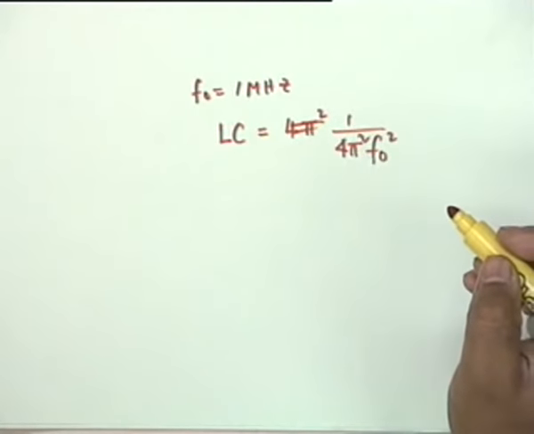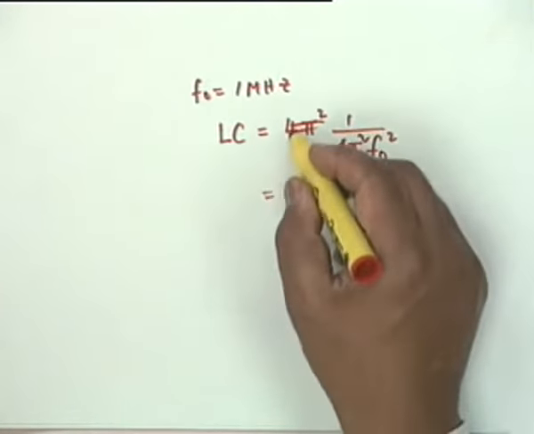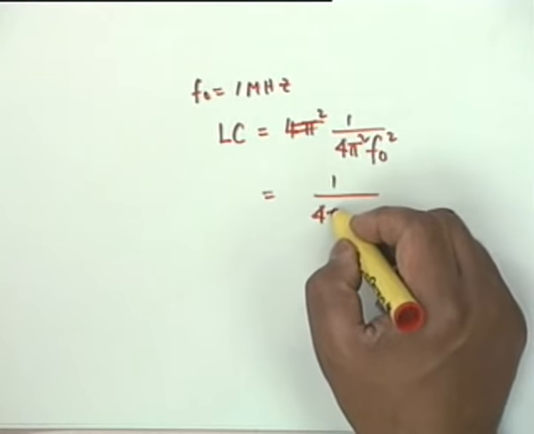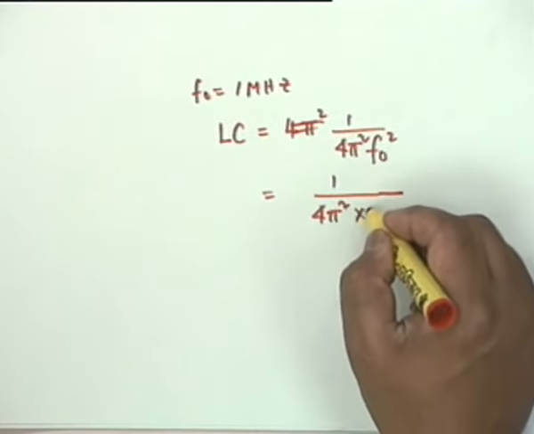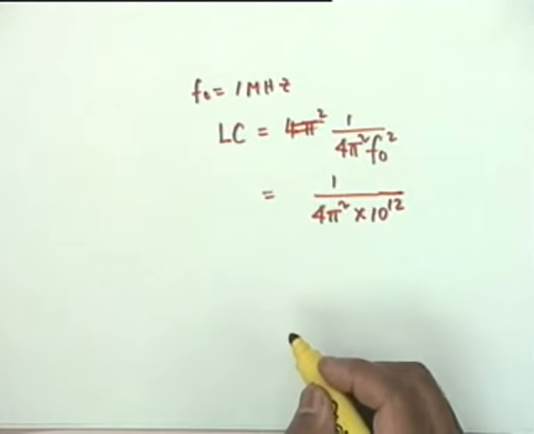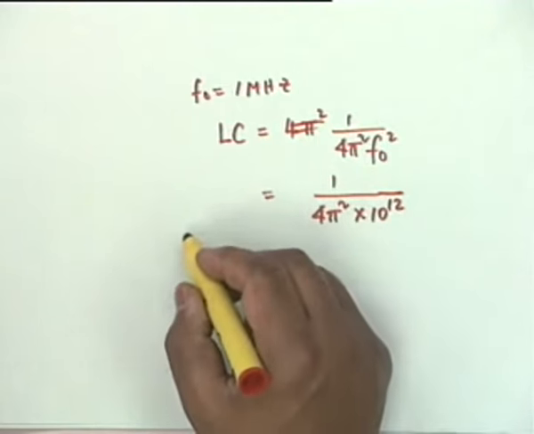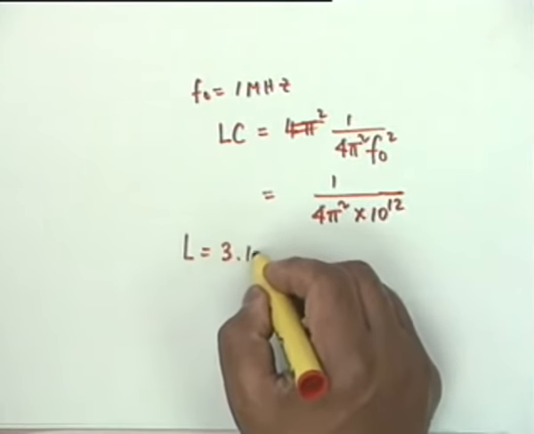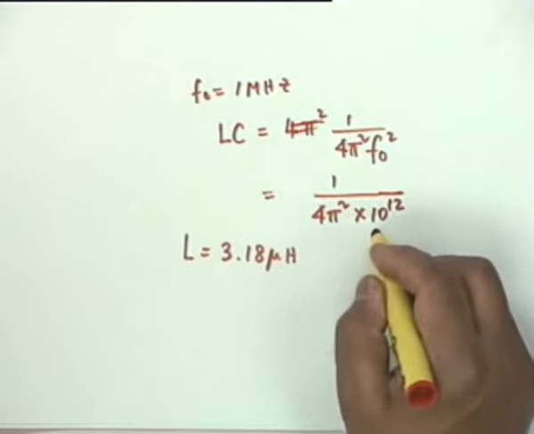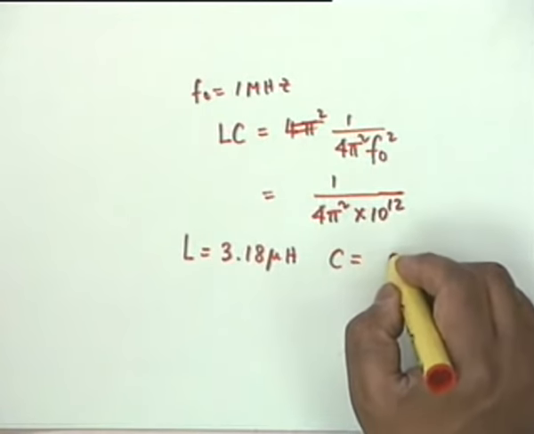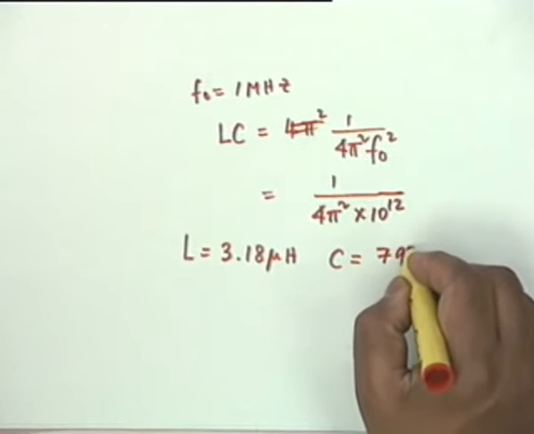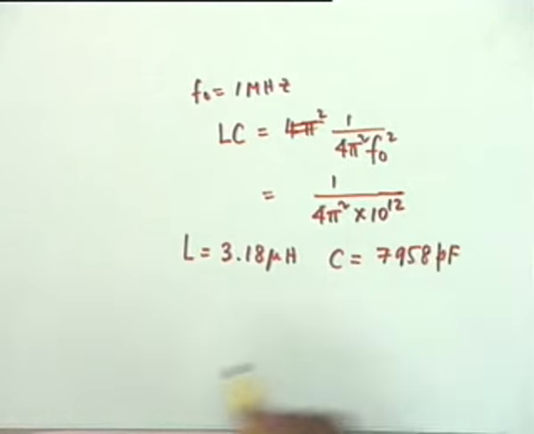Agree? Right? So in this case it is 1 by 4 pi squared 10 to the 12, the product of L and C. One typical choice is, let us say, L equal to 3.18 microhenry and C equal to 7958 picofarad.